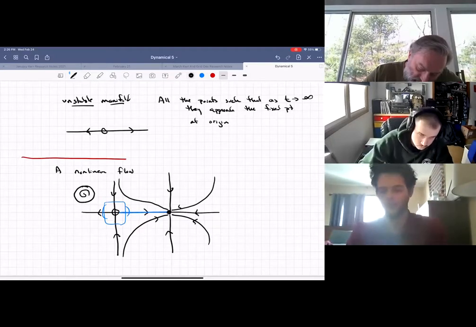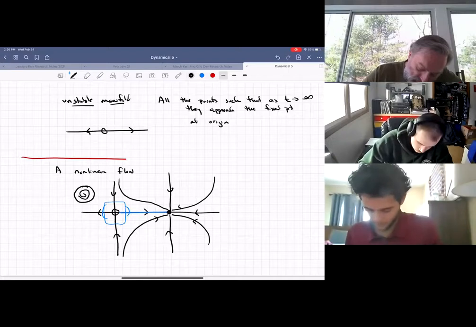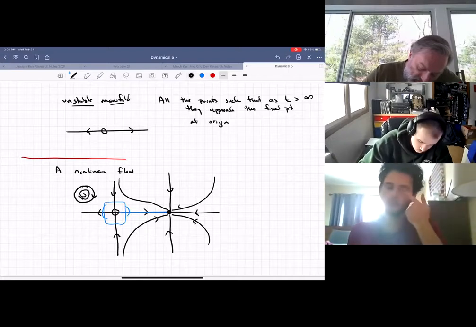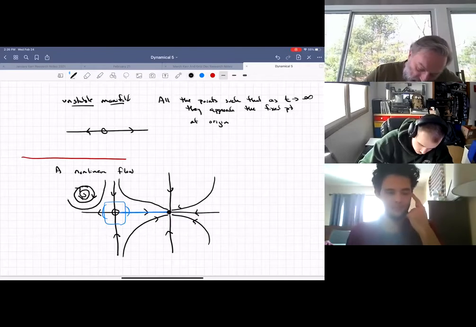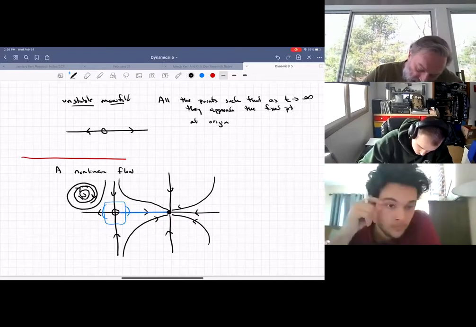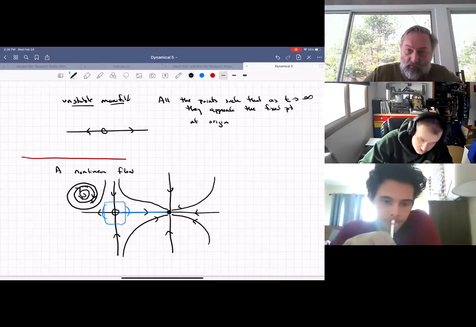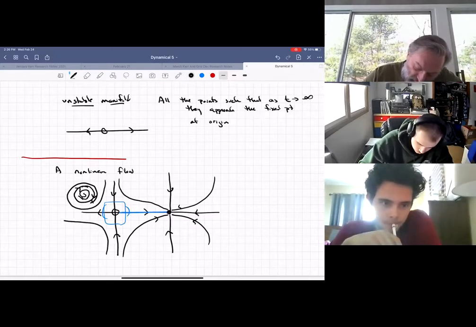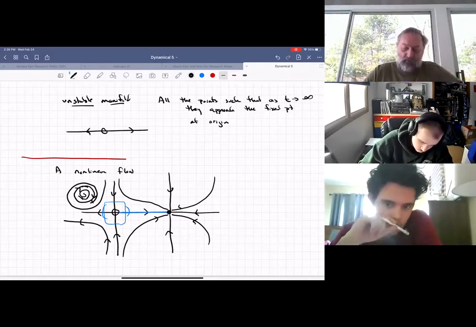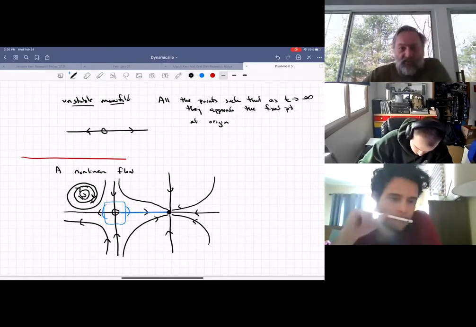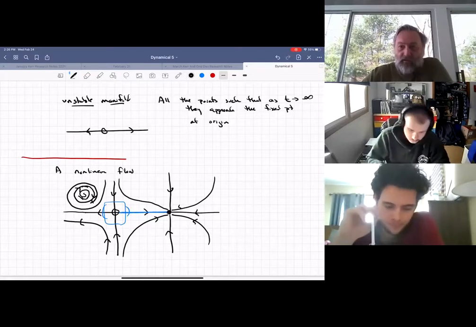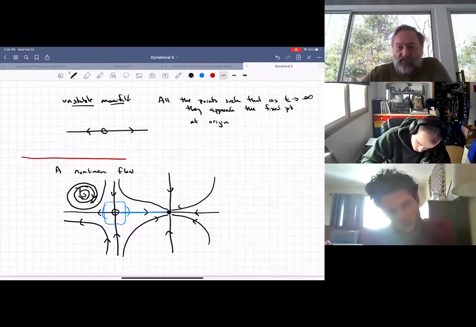So we might have something that's spiraling out, and this might be going around, and over here these might come down onto it, and then over here these might come out this way. But the key thing to understand is that the stable and unstable manifolds in nonlinear flows divide up the space.